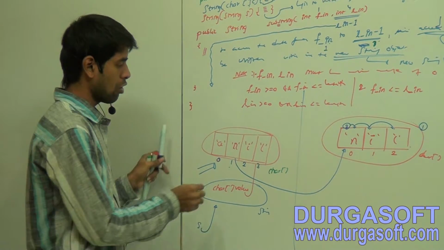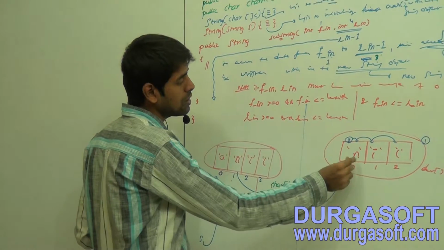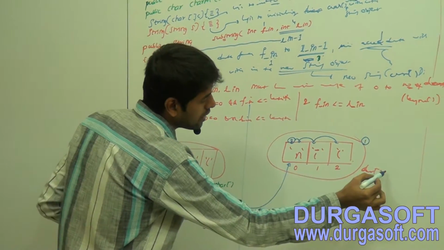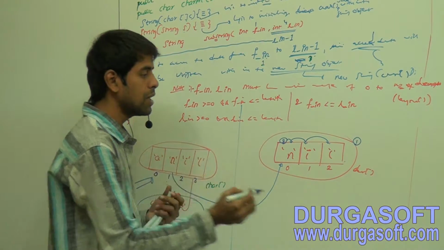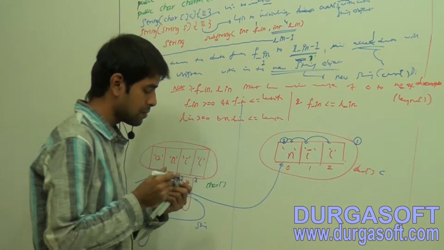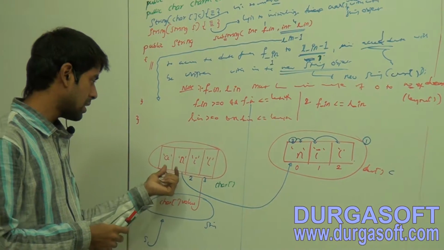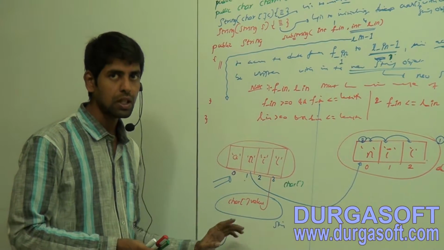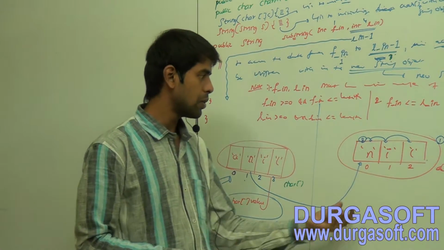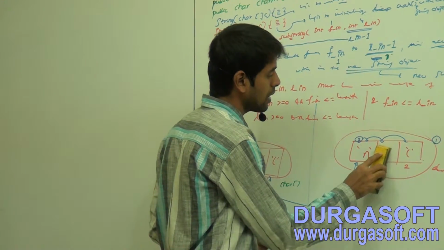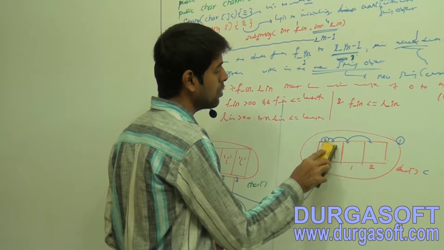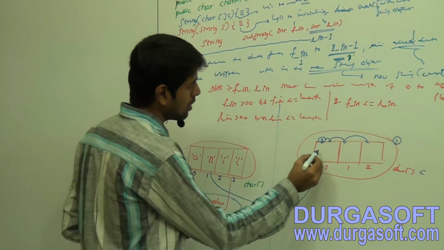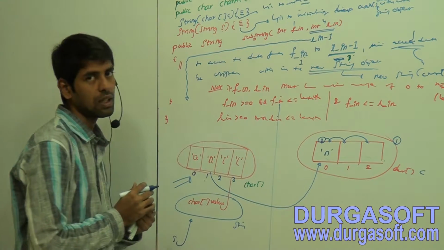Now I will take this first index character of the string object and copy that into the 0th index of the newly created char array. Let it be char array C. I will take this 1 index character of the string object and copy that to the 0th index, taking n and copying to the 0th index.